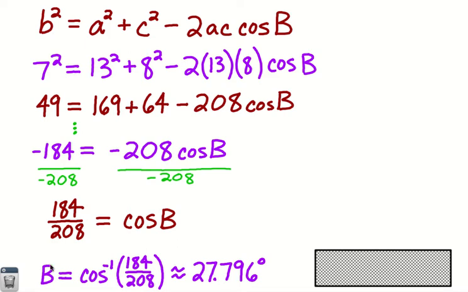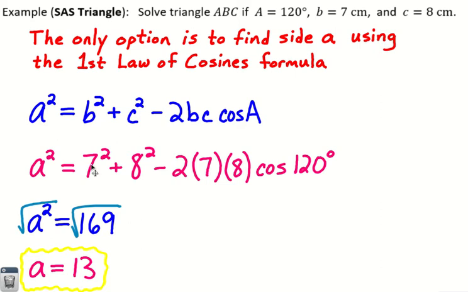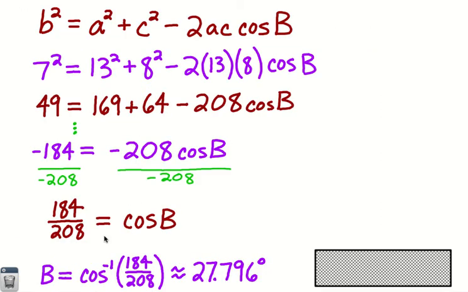So that's a quick mini explanation of why, after you do the law of cosines, you just do the law of cosines again, because choosing between quadrant 1 and quadrant 4 is an easy decision. You go with quadrant 1. And for that matter, if the cosine of B ended up being a negative fraction, you're choosing between quadrants 2 or 3.